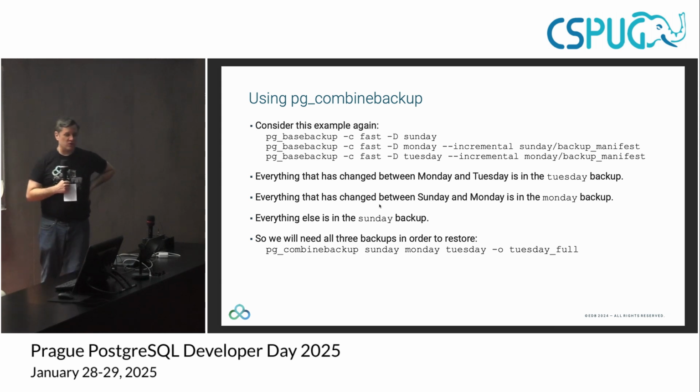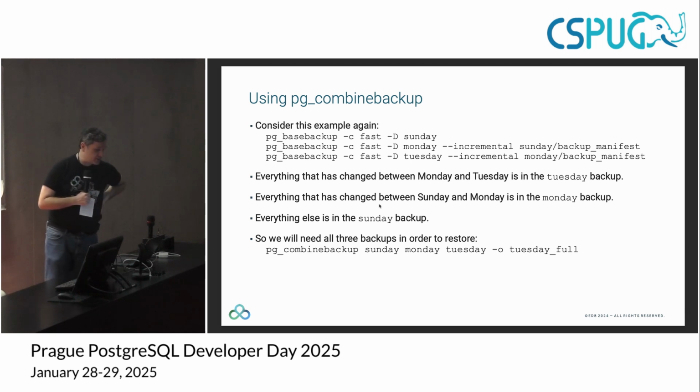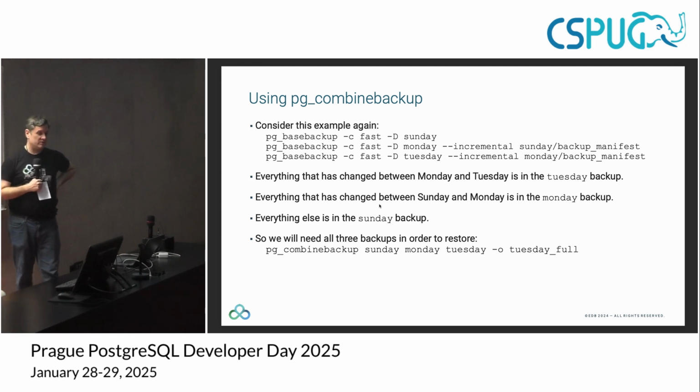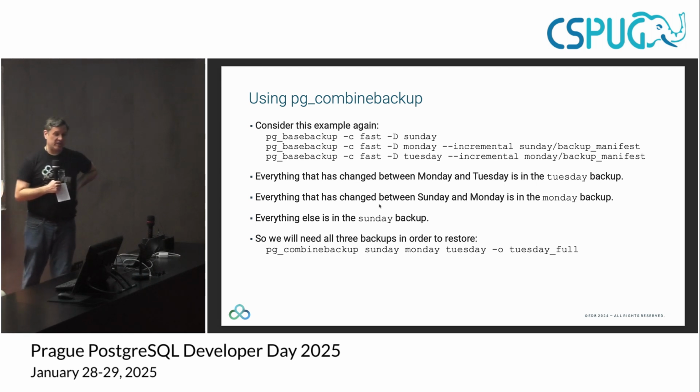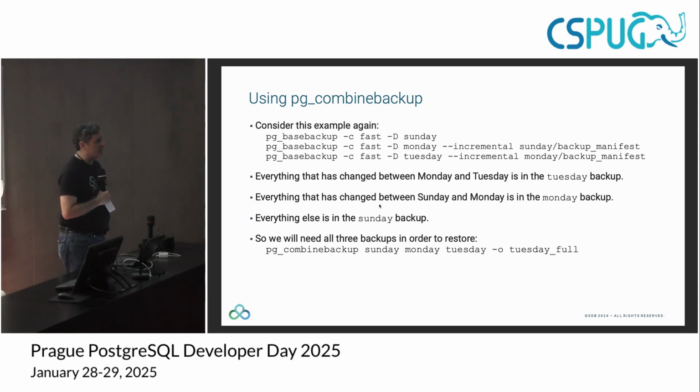If we want to restore the Tuesday backup, where is our data? Well, everything that changed between Monday and Tuesday is in the Tuesday backup, of course. Everything that changed between Sunday and Monday is in the Monday backup, and all the other data that we need is in the Sunday backup.